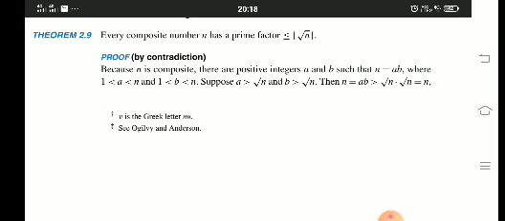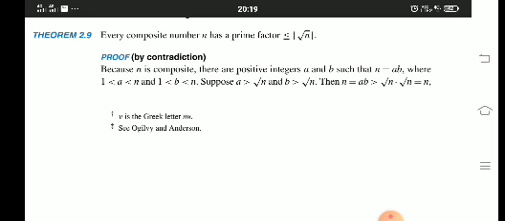Suppose a is greater than root n and b is greater than root n. That means 1 less than a less than n is the first case. If that is not possible, then suppose a greater than root n and b greater than root n.